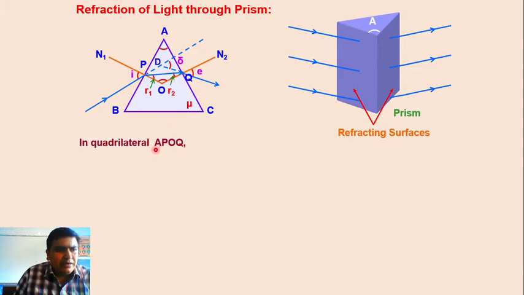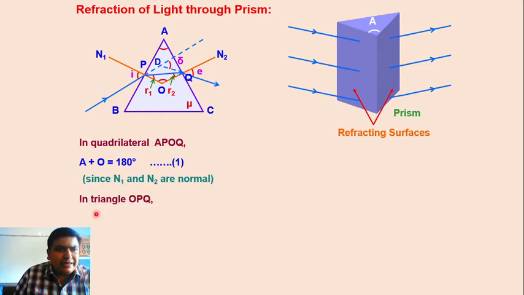Now, in the quadrilateral APOQ, you can clearly see that angle A and angle O together are equal to 180 degrees. And angle r1 plus angle r2 plus angle O is also equal to 180 degrees, since in triangle OPQ, r1 plus r2 plus O equals 180.